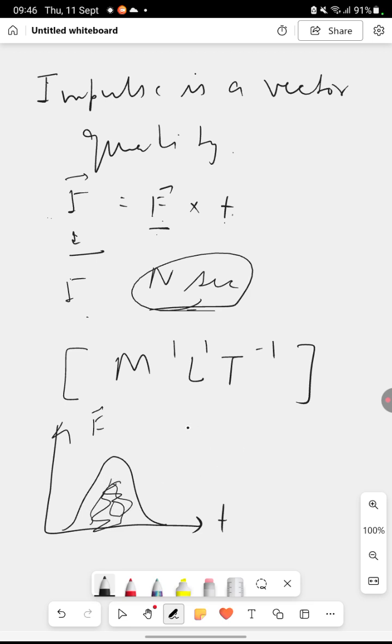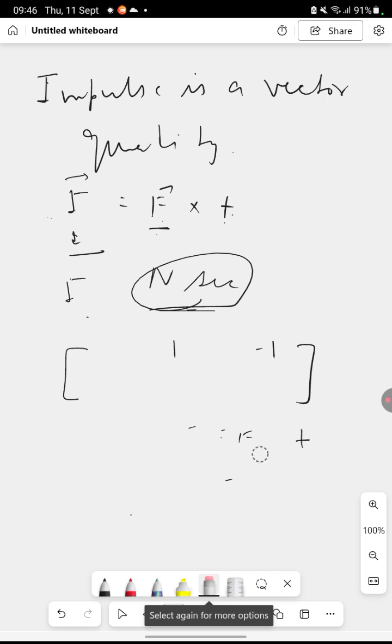We know impulse is equal to force into time, and if we find the area under this curve, it will give us impulse. We can also write it as the integral of F dt, with time changing from t1 to t2. This will give the area under the curve, and this is the impulse.